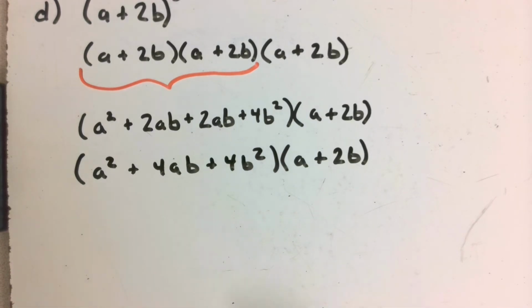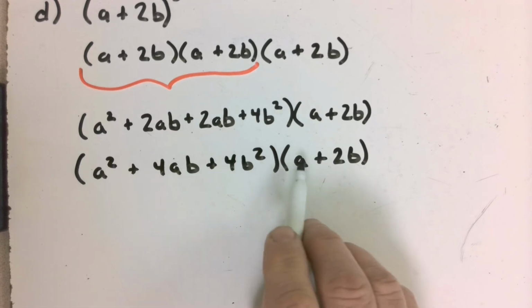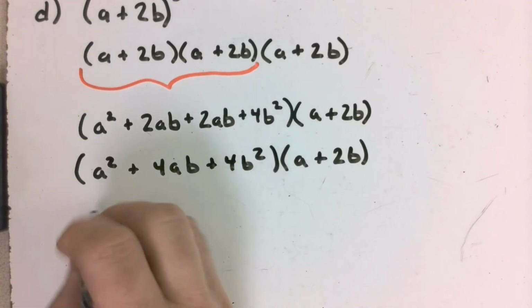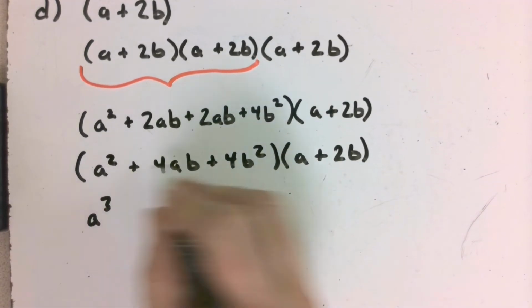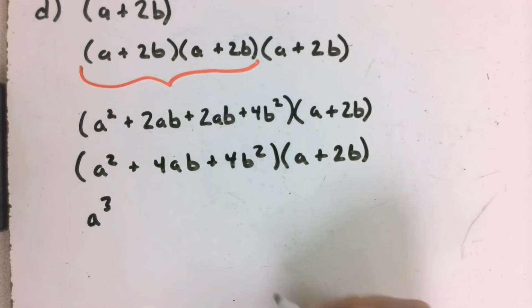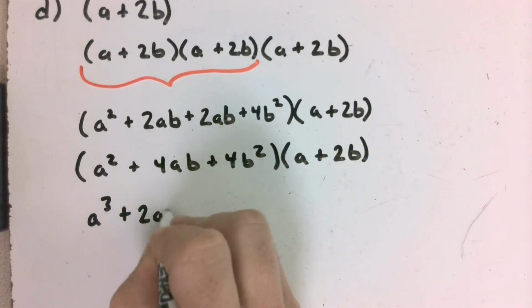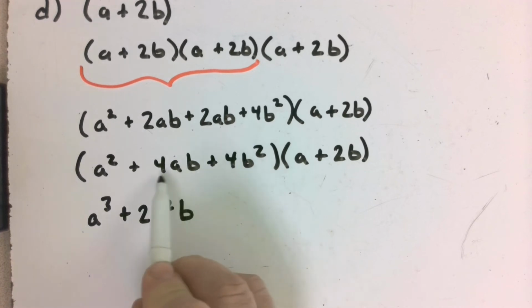So distributive property again, going to take the a², multiply by both terms. a² times a is a³, and a² times 2b is a plus 2a²b. Next term is a 4ab.